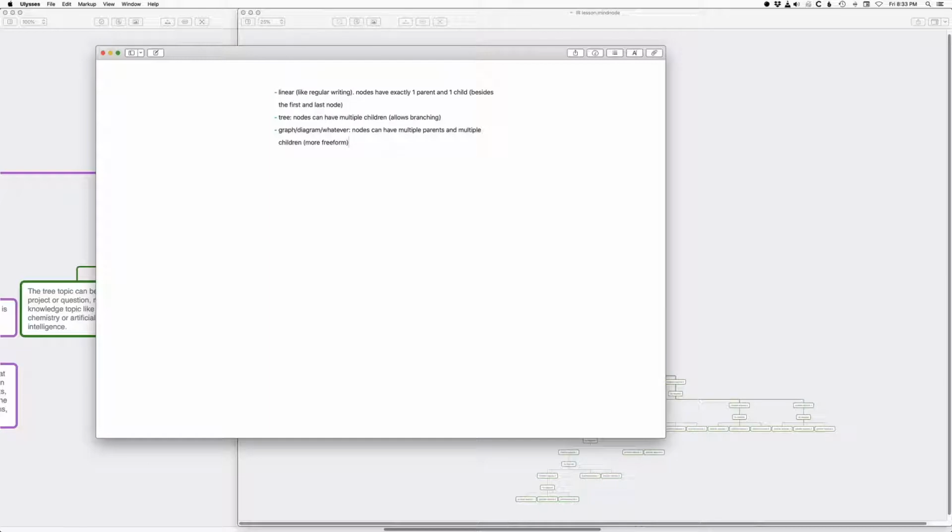There's this hierarchy of diagrams, and I identify the main differences as how many parents and children are allowed. Normally if you write a book, every paragraph can only have one parent and one child at most. There's one next paragraph and one previous paragraph.